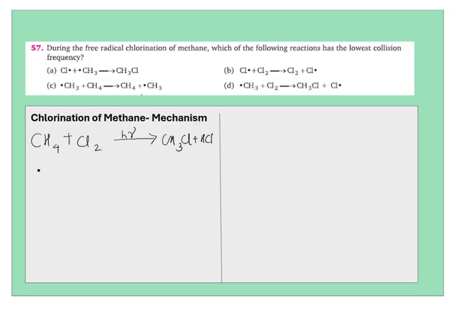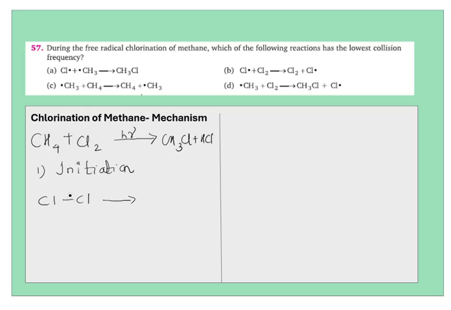This mechanism involves three steps: initiation, propagation, and termination. This is very easy to remember as these terms explain what is taking place in the given reaction. The first step, initiation, is where the chlorine will undergo homolytic fission.